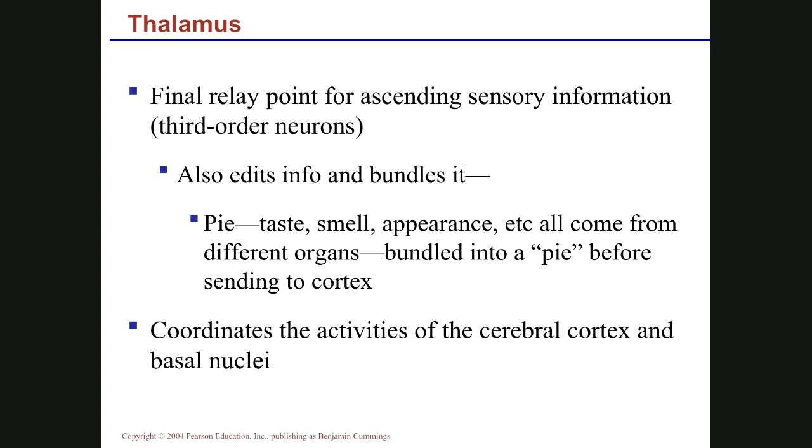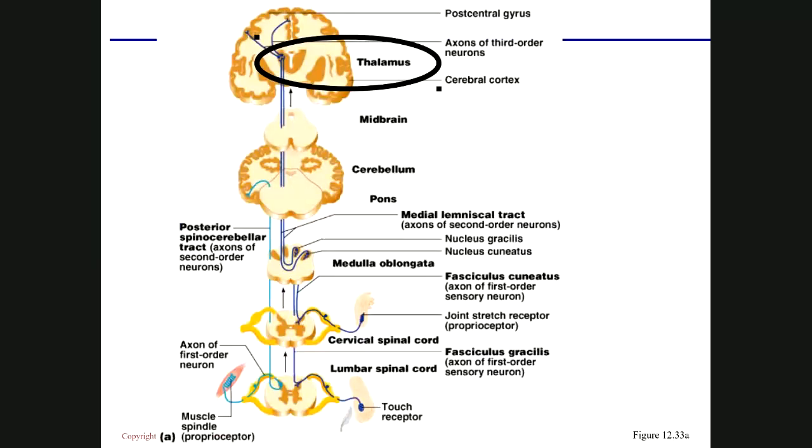The thalamus is a relay point for all of the sensory information that's ascending. Remember when we talked about the tracts going up? It looked like this. We said that the dorsal columns and the spinothalamic tracts take three neurons to get to where you're going. If you look at this, you can find the first order, the second order, and the third order neurons.